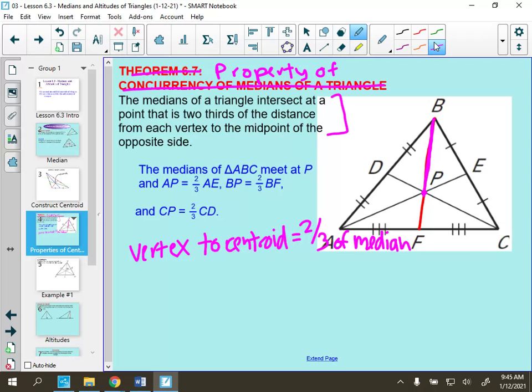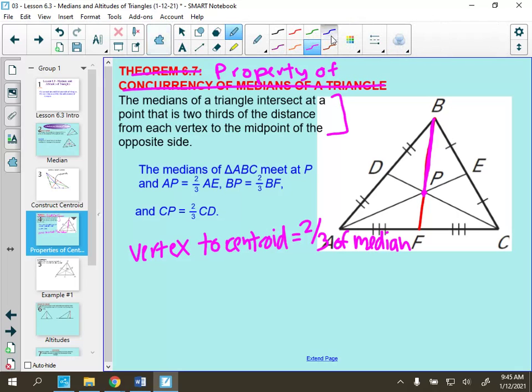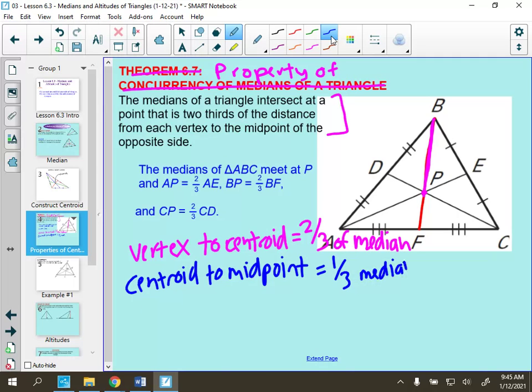That represents 2/3 of the length, and that leaves us then, we'll use a different color here, from centroid to midpoint, that's where the other third of the median is coming from. So that represents 1/3 of the overall length.